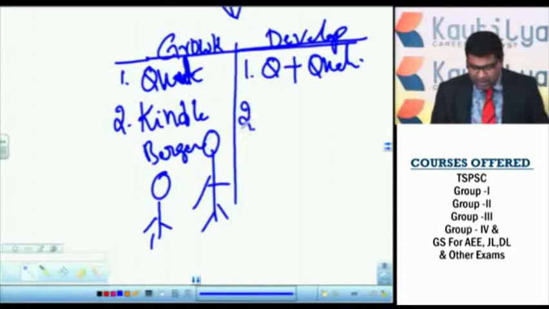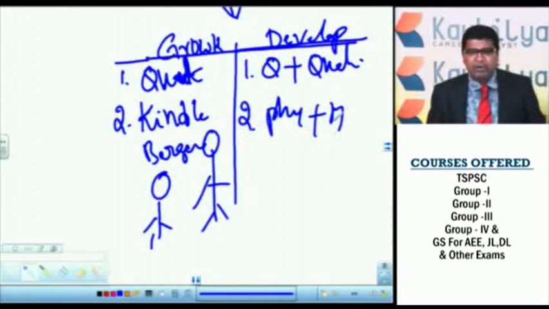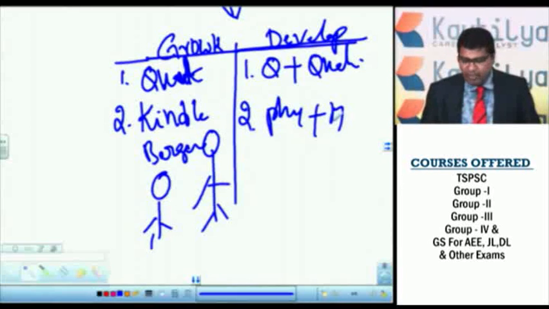And here, according to Kindleberger, development means not only physical changes but also mental capabilities of human beings.